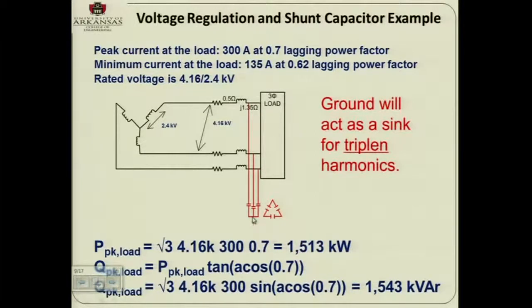If you work for an electric company and they ask, are we going to ground this capacitor? And they say yes. Well, do you have harmonics in the system? Do you have triple harmonics?